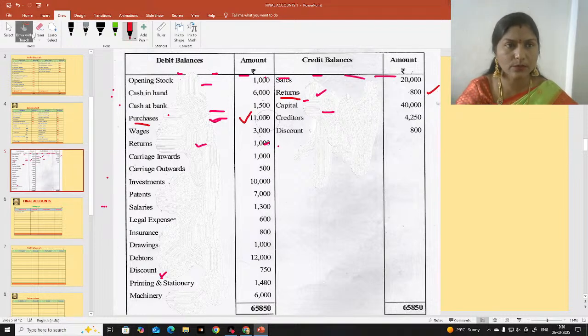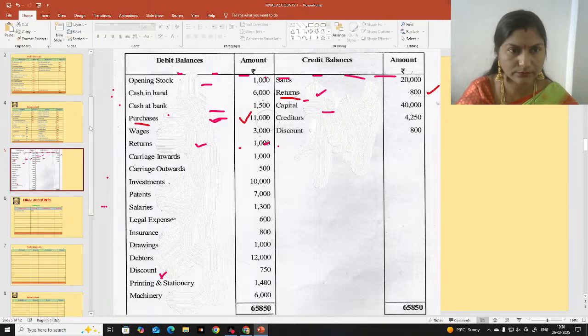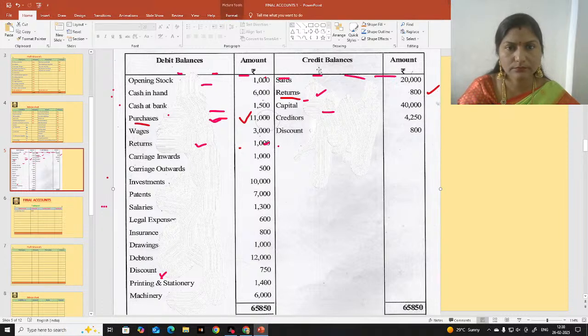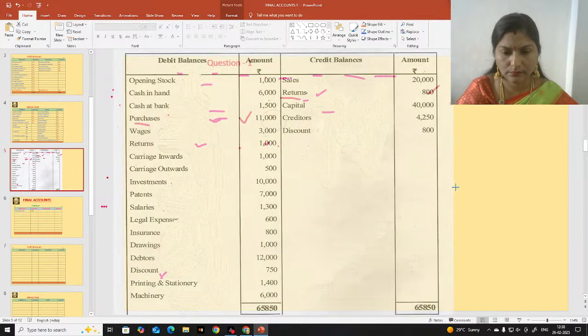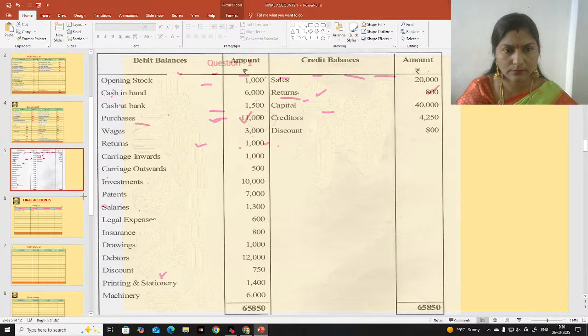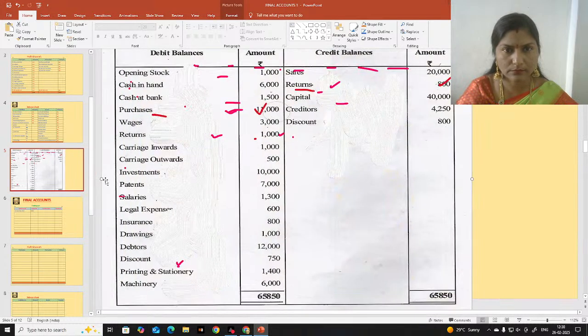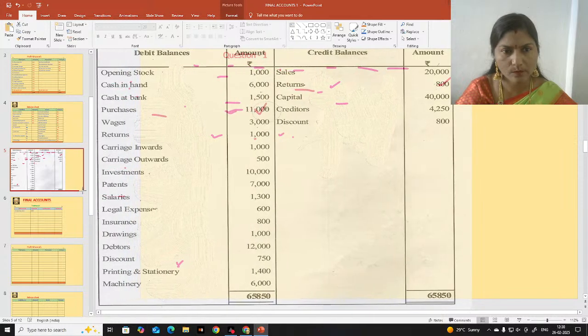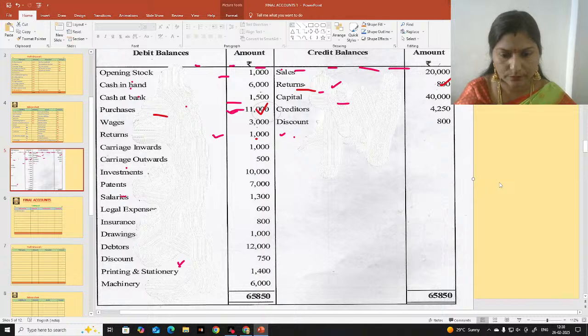Okay, I will zoom it. Wait. Is it okay now?